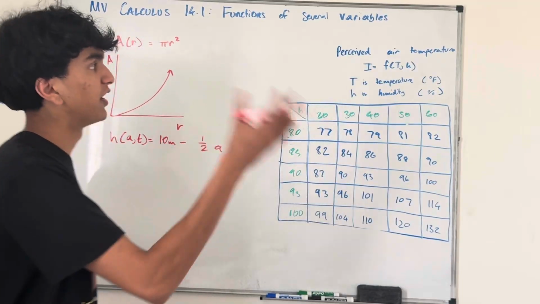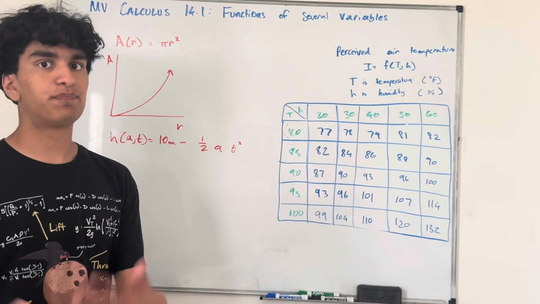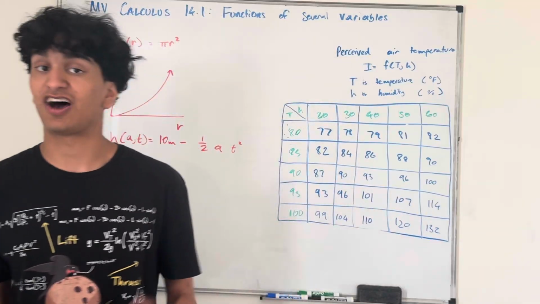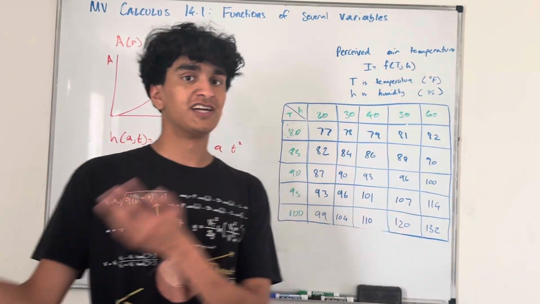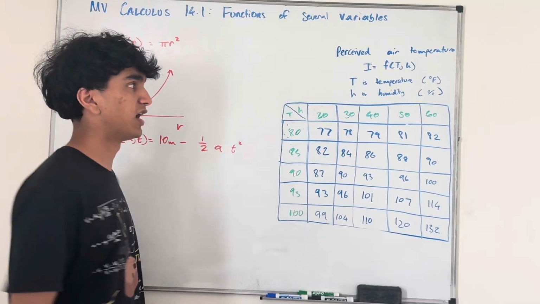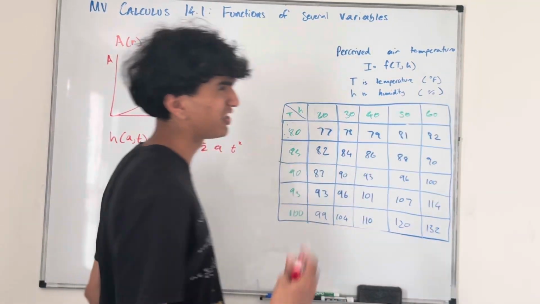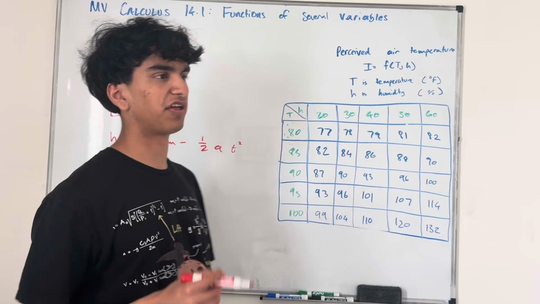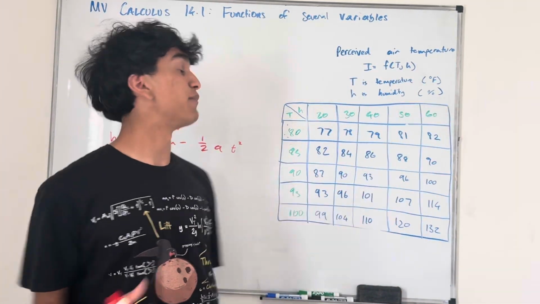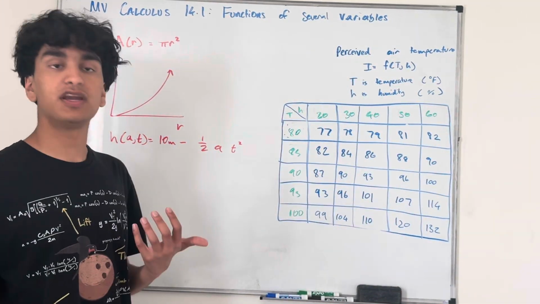Perceived air temperature obviously depends on the actual temperature, right? If it's hot, you're going to imagine that the perceived air temperature will be hotter, but it also depends on humidity, right? It's in terms of percentage, I think maybe the percentage of the air that's moisture. I don't know, 60% seems like a lot, but it depends on the humidity as well, right?